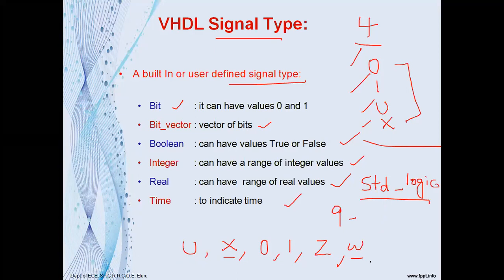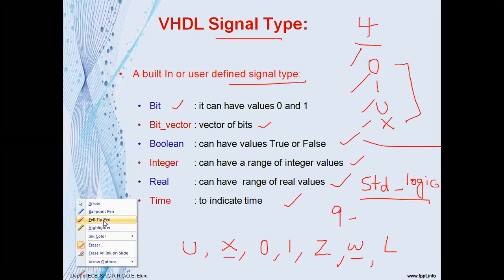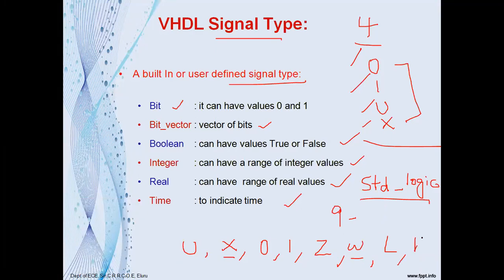Weak unknown and weak logic 0, and weak logic 1, and the last one is don't care here. Don't care is represented with the underscore. Okay, so 1, 2, 3, 4, 5, 6, 7, 8 and with underscore 9.